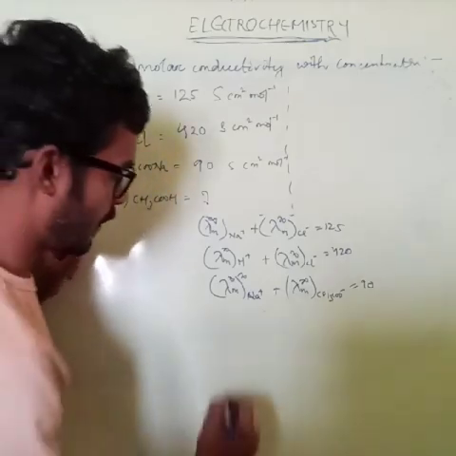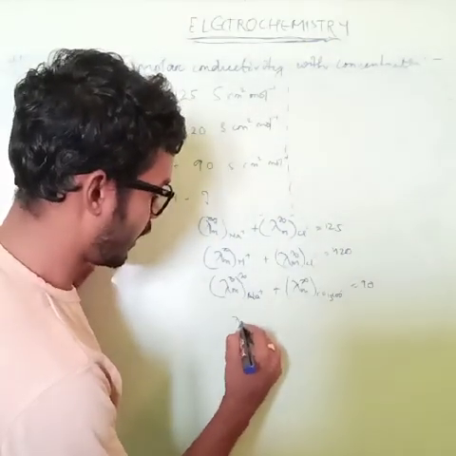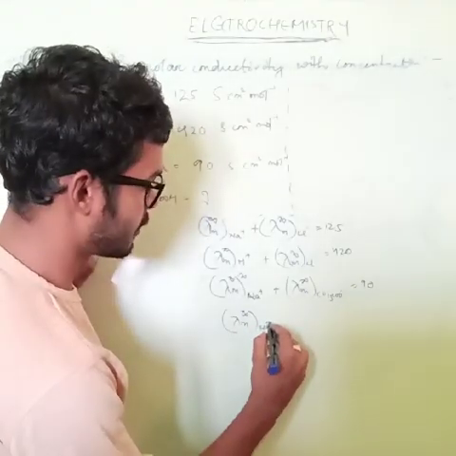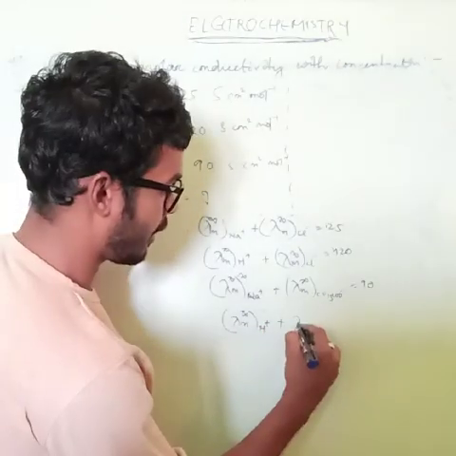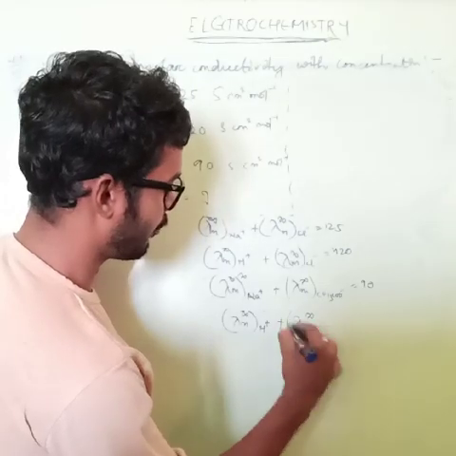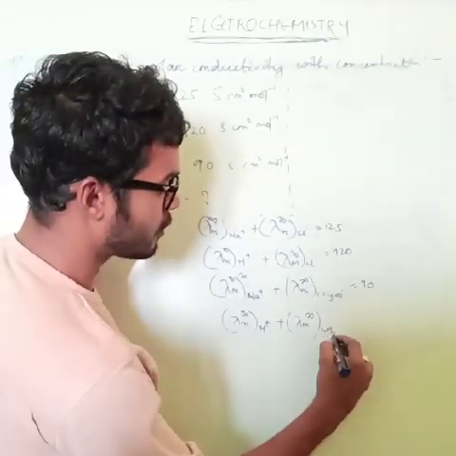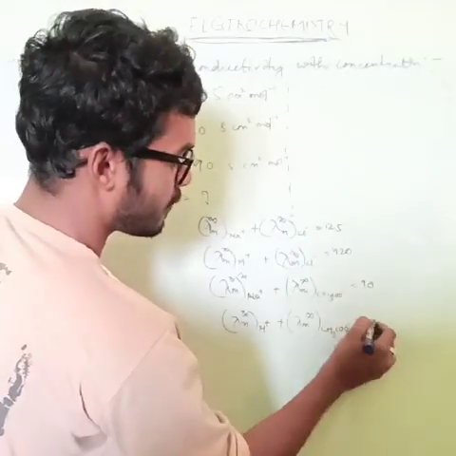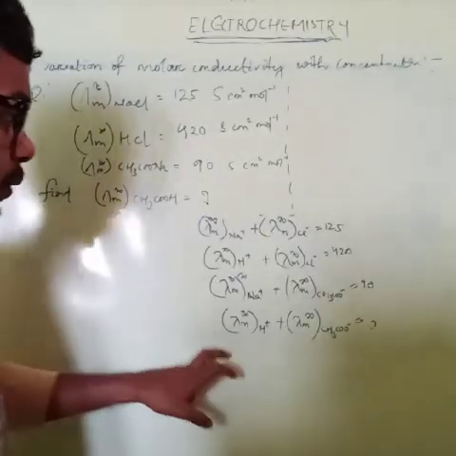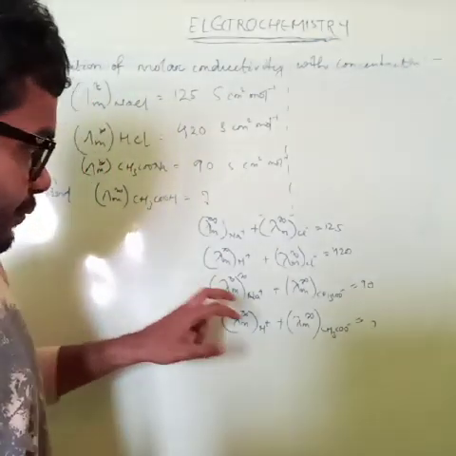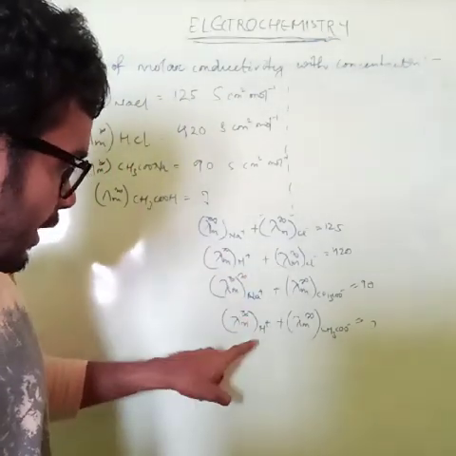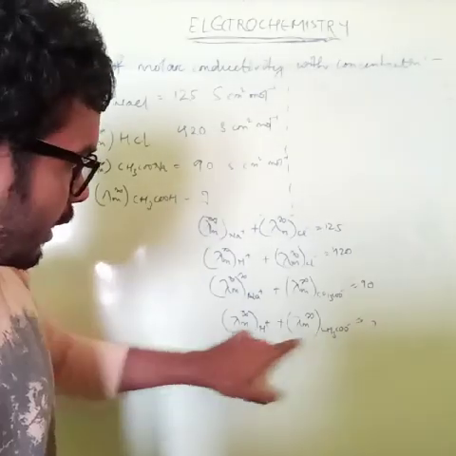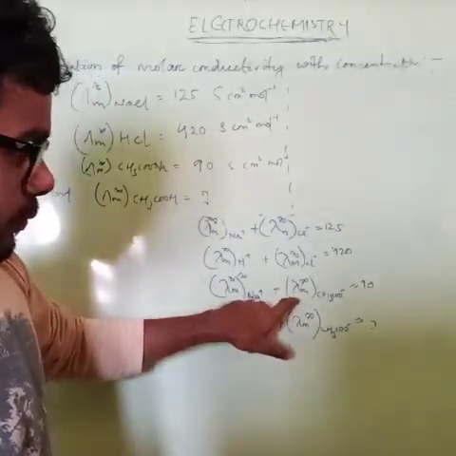So what has been asked is lambda m infinite H plus plus lambda m infinite CH3COO minus. This value is needed. How will you solve? Simply look, H plus you are required to know, and again this value you need to know.